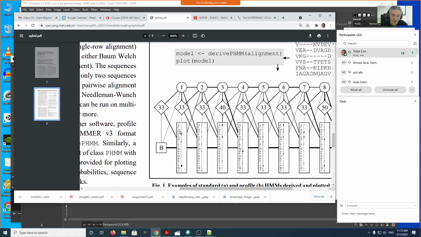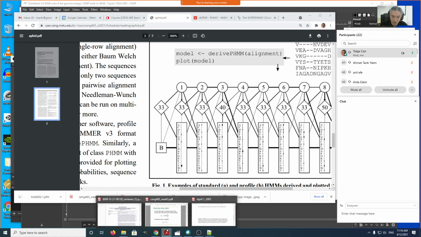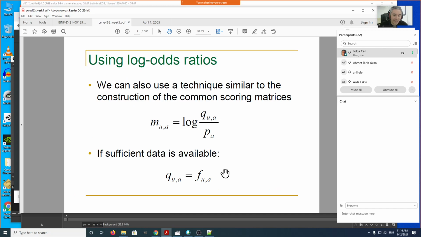So these are our amino acid types, A, C, D, E, F, G, 20 of them. And we give a tiny bit of everything to every column, and the observed occurrences are increasing these frequencies. So if this V, for example, has a bar length much higher than the occurrence of V by chance, this log likelihood is going to give me a positive score at the end.